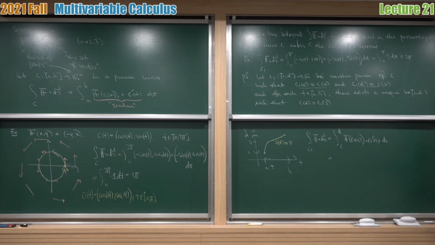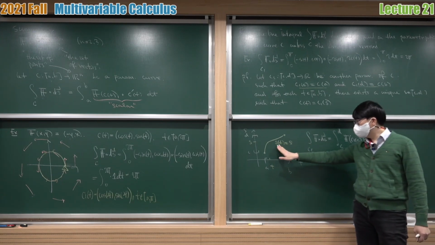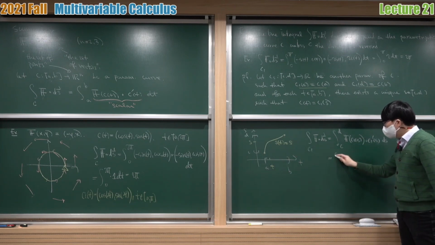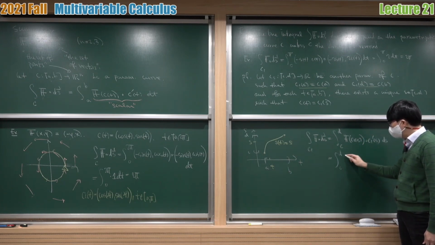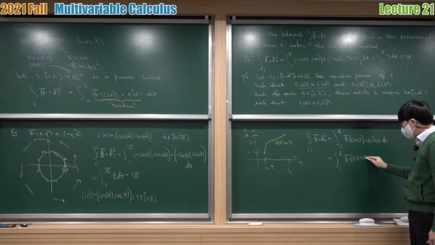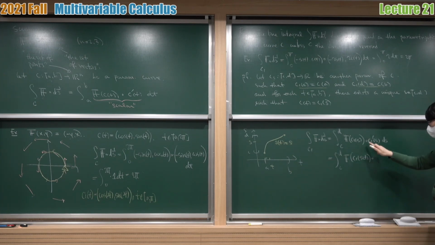And then let's replace every s in terms of t. Because s can be replaced by the function of t, s(t), that gives the integral from C to D of F of C1(s(t)), and then the inner product with C1 prime at s(t), and we have ds.